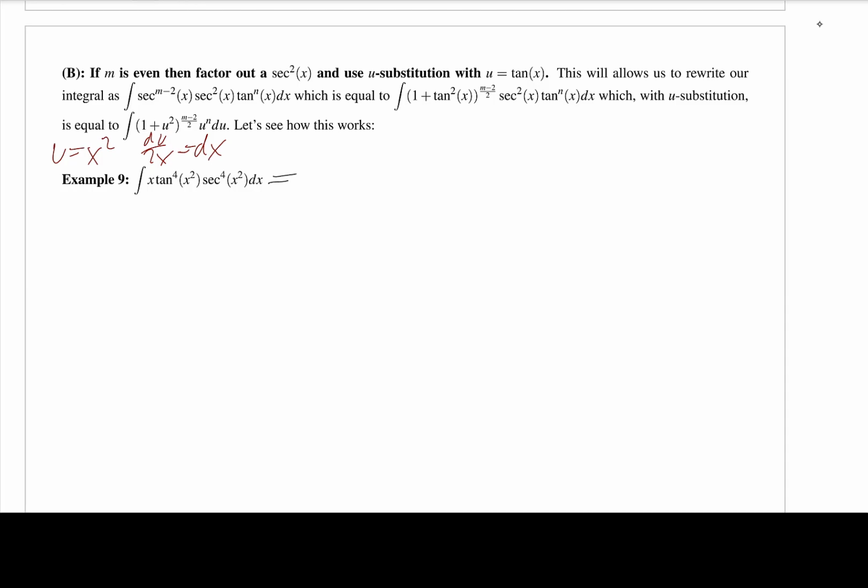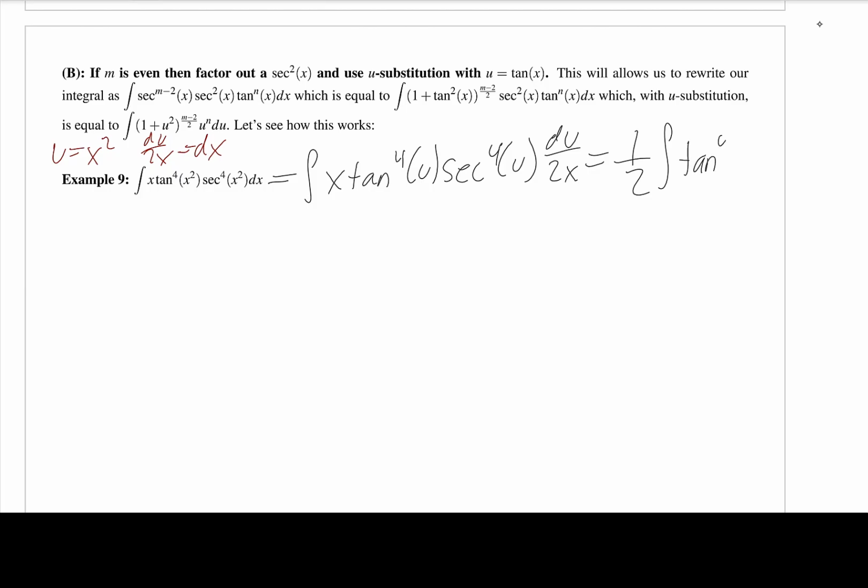So this becomes the integral of x tan to the fourth of u secant to the fourth of u du over 2x. So this is 1/2 times the integral. Remember our x's cancel, and we'll just have tan to the fourth of u secant to the fourth of u du.